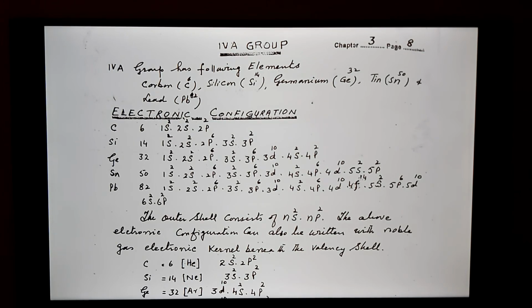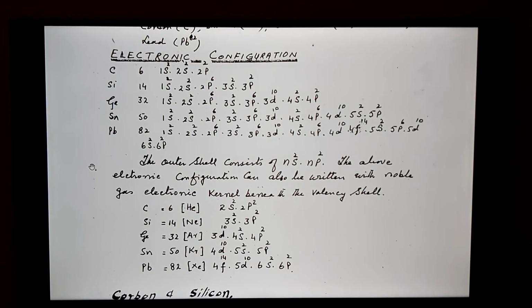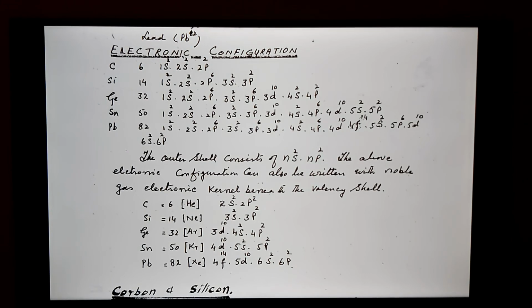Electronic configuration can be easily written if we take help of the noble gases. The noble gas is the kernel. The kernel for carbon is helium: carbon is 6, helium plus 2 electrons and 2, that is 4, makes 6 electrons.